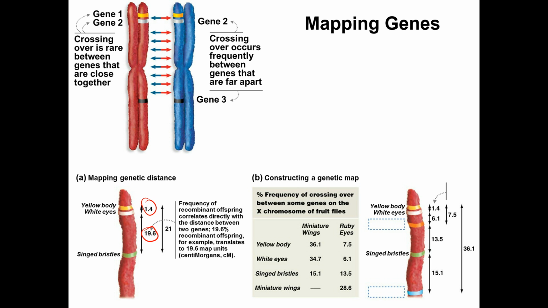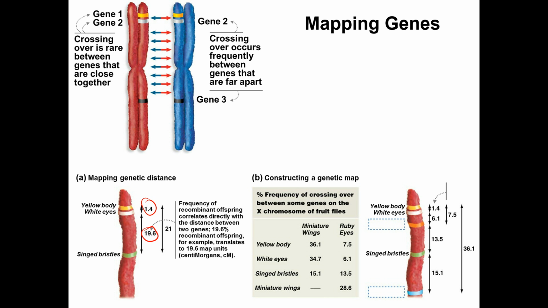The distance between the singed bristles and some other gene is 13.5. We know the distance between this gene here, the orange gene, and white eyes is 6.1. We know the distance between the blue unknown gene and yellow body is 36.1.